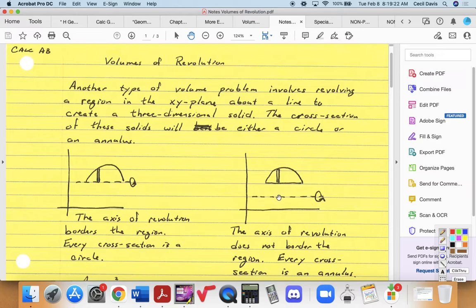Okay? So that's how you tell what does my slice look like. So on the other ones, they tell you what your slice is. Here, you have to figure out, is my slice an annulus or is it a circle? It's always one of the two. Okay? That is the only difference between these problems and the ones you were doing last night.